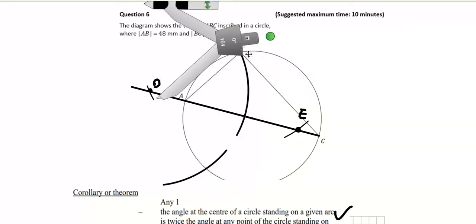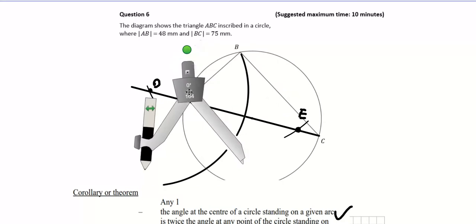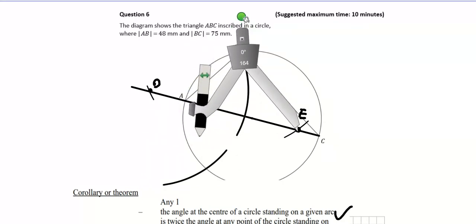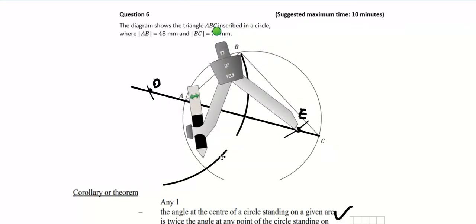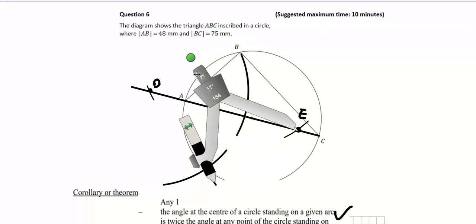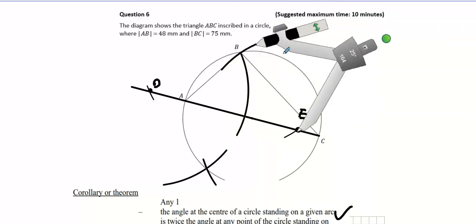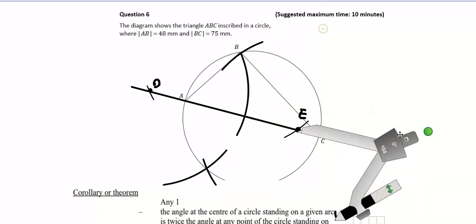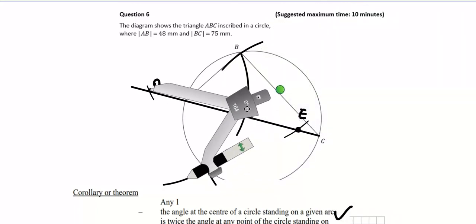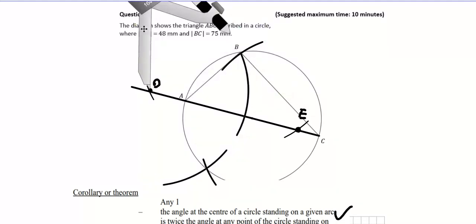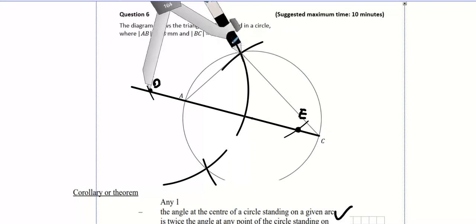I'll turn it around. Then I'm going to do an arc from E, which should be here. Then I'm going to do another arc. I didn't make that first one long enough. It's annoying. Back we go to D. There we go.